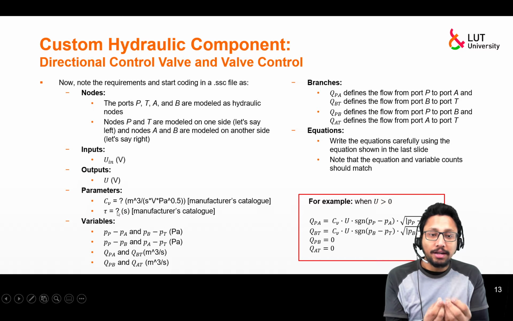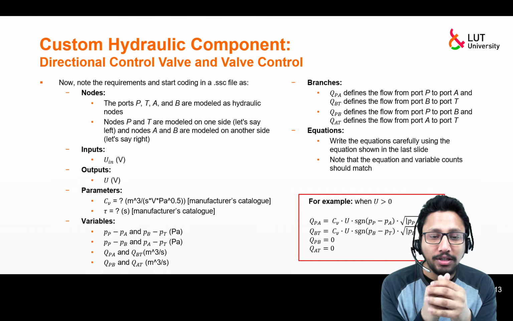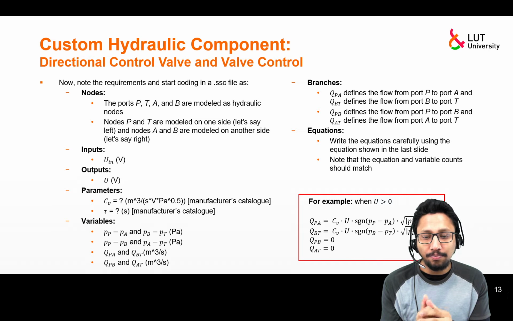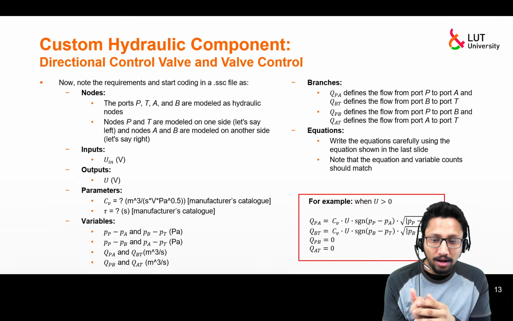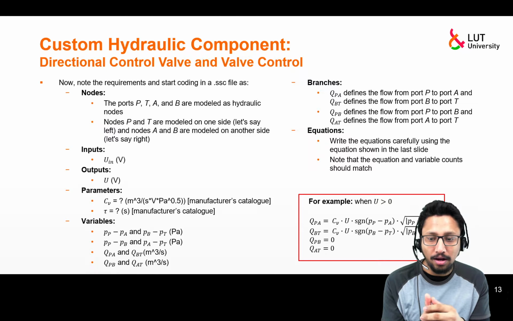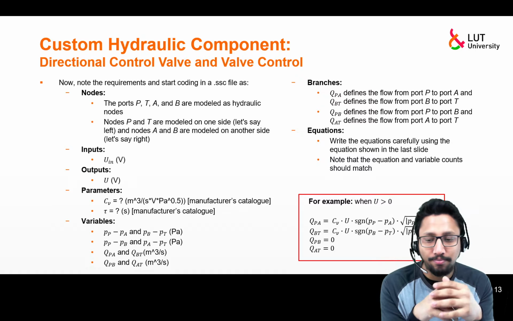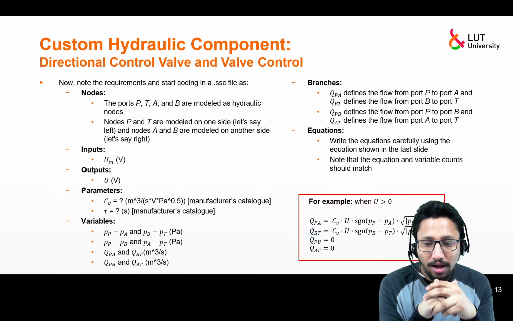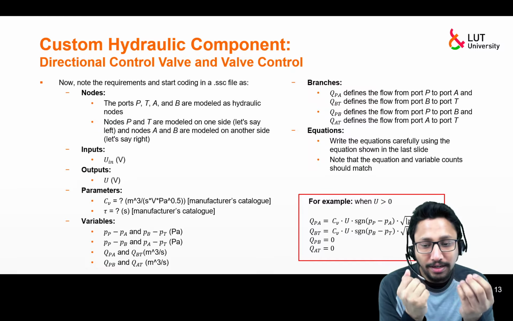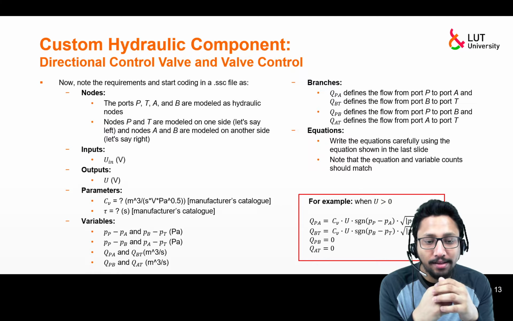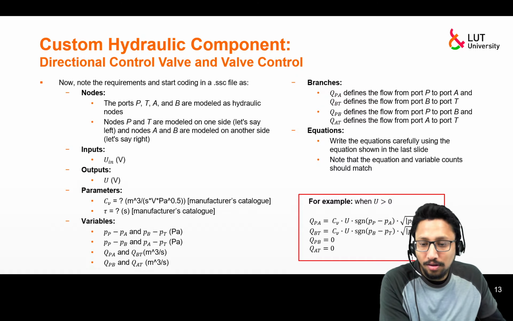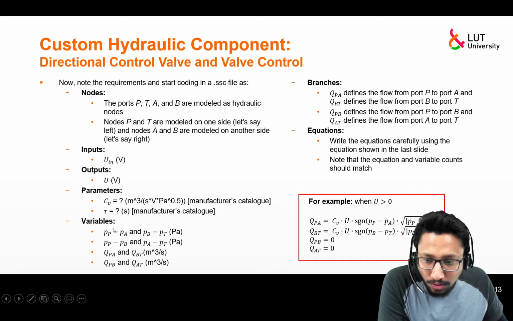But the variables that I'm talking about are the variables which, in a dynamic system, keep changing with time. We don't know their value, and that's what we need to solve as a function of time. So what are the unknowns?